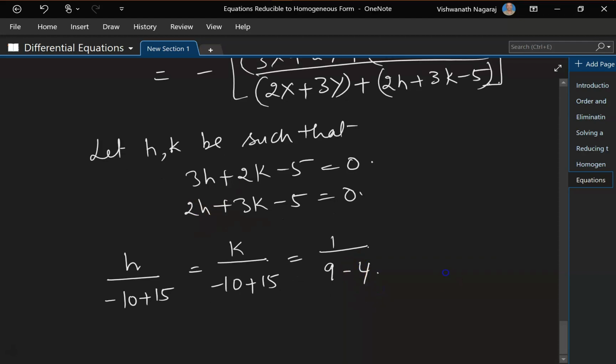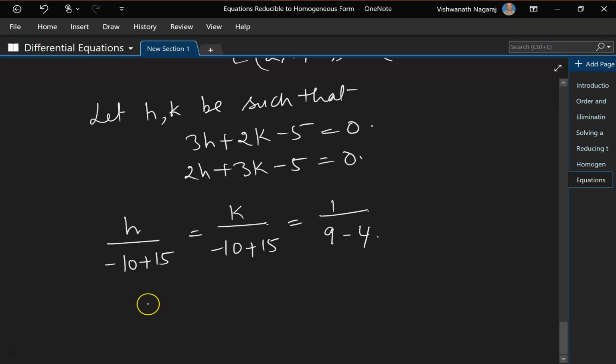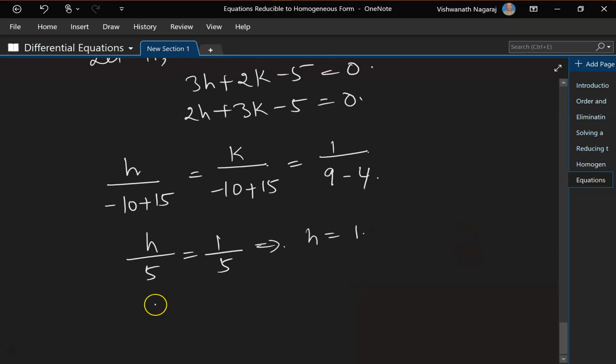Okay, so now it's just a question of solving it. So h is equal to 1. Similarly, k by 5 is equal to 1 by 5, which implies k is equal to 1.